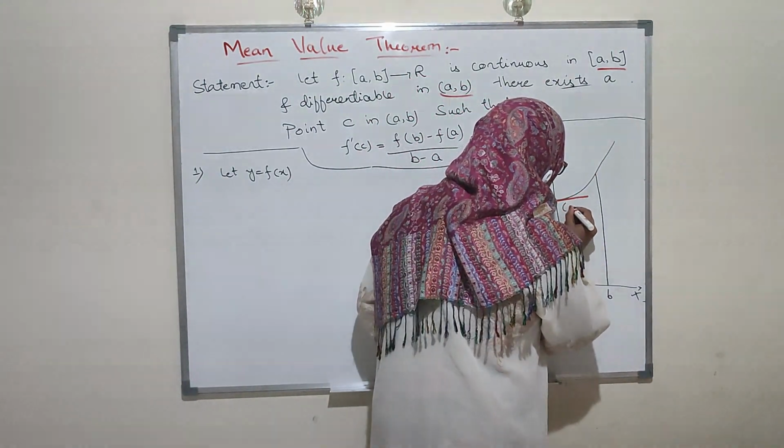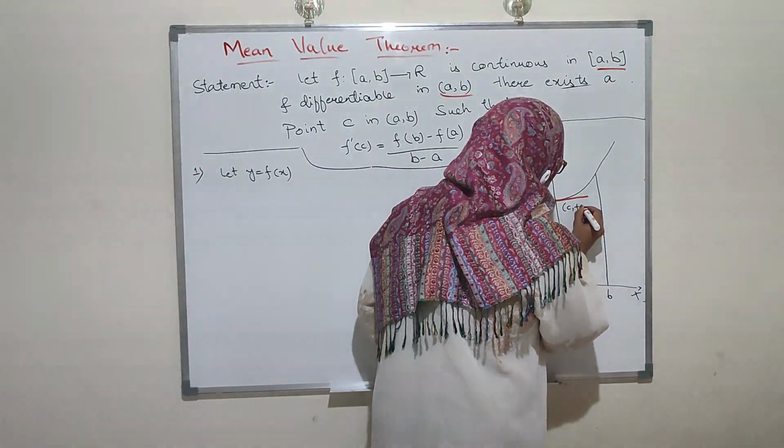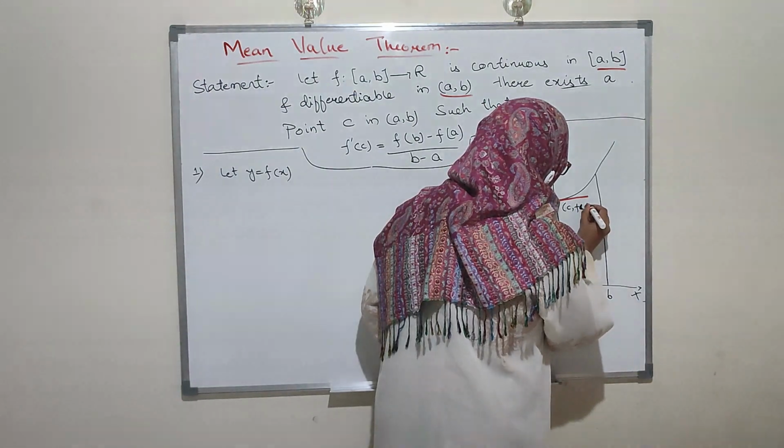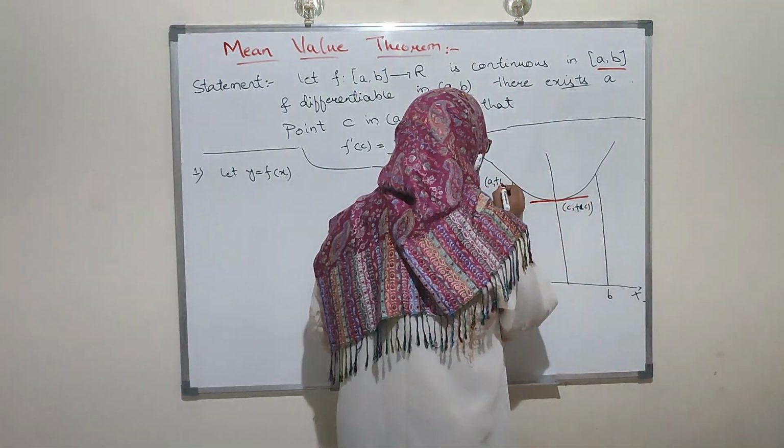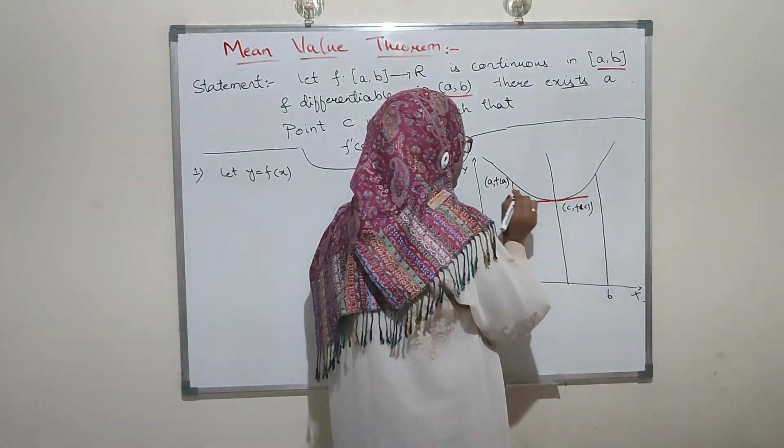So this is C comma f of C. This point is A comma f of A.